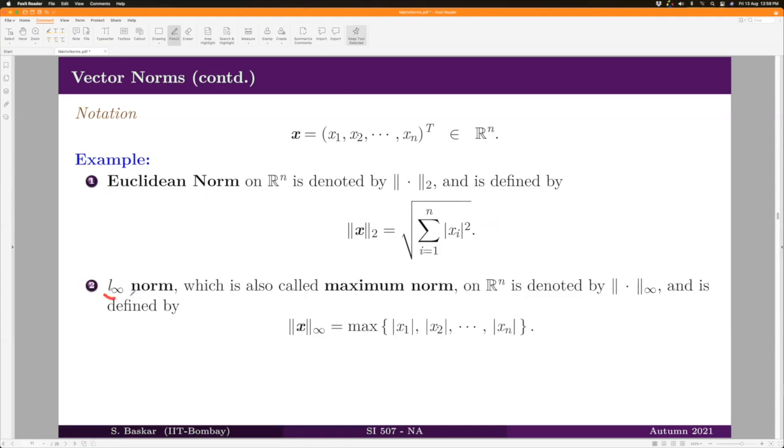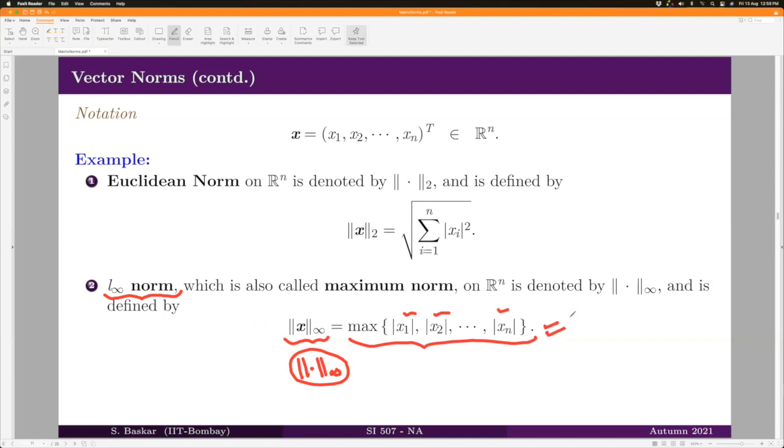Next one is called the L infinity norm, and it is denoted by this notation, and its formula is given by this. That is, you take each component of your vector, take the modulus of them, and take the maximum of that. You can go back and check that all the properties of norm are satisfied by this formula.